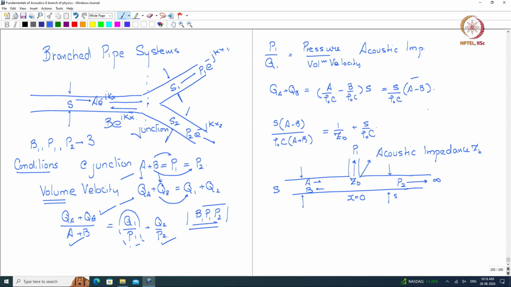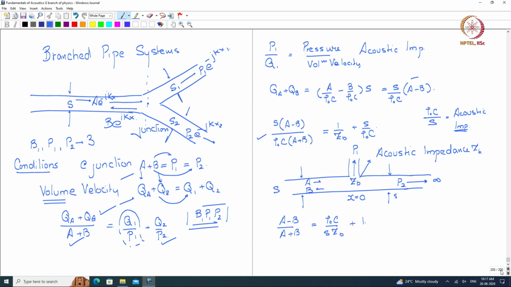Okay. Specific acoustic impedance is rho 0 C, divided by S is acoustic impedance of a straight pipe. Okay. So, now this being the case, from here A minus B by A plus B happens to be rho 0 C by S ZB plus 1.